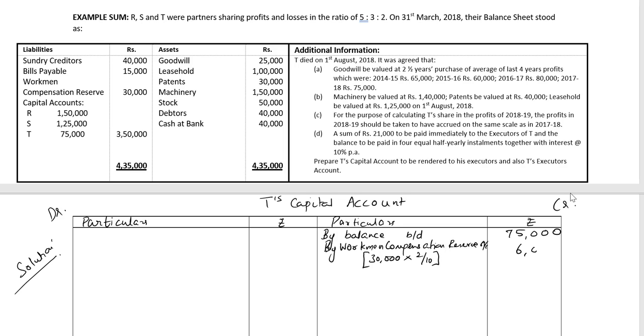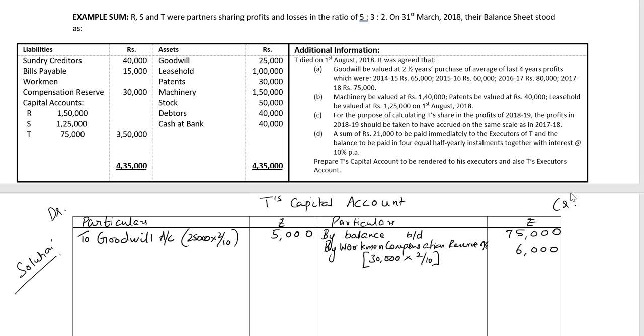Comes up to rupees 6,000. There's an existing goodwill which needs to be written off to goodwill account. 25,000 multiplied by T's share in profits, which is 2 by 10, 5,000 rupees.